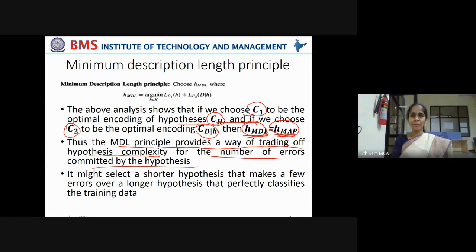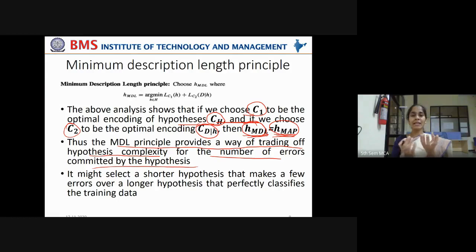Which one do you prefer? According to the minimum description length principle, you have to prefer the simple hypothesis which makes a nominal amount of errors, rather than a complex hypothesis that works very well. That is the notion behind this minimum description length principle.